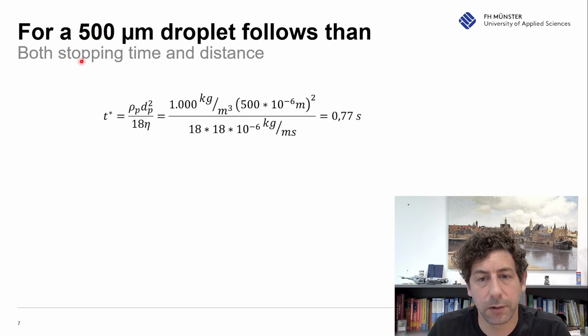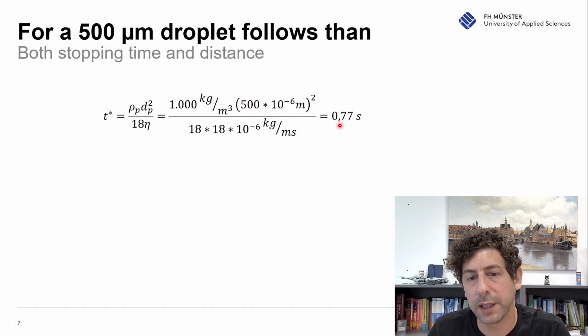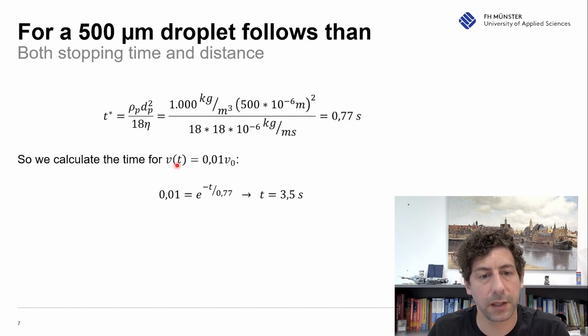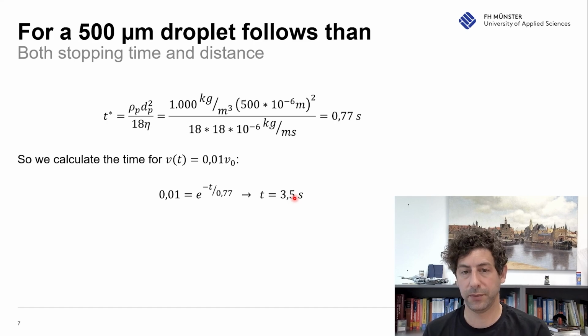We first calculate the relaxation time, right? Nothing changes, just here a 0 appears more, and then we get 0.77 seconds as the relaxation time. And if we now calculate for 1% of the starting velocity, we will end up with 3.5 seconds. So a 500 micron droplet now needs 3.5 seconds, and this is observable, right? 1, 2, 3.5.